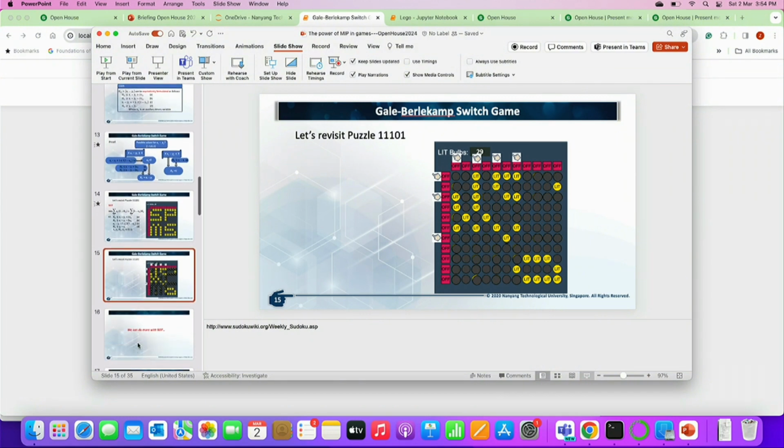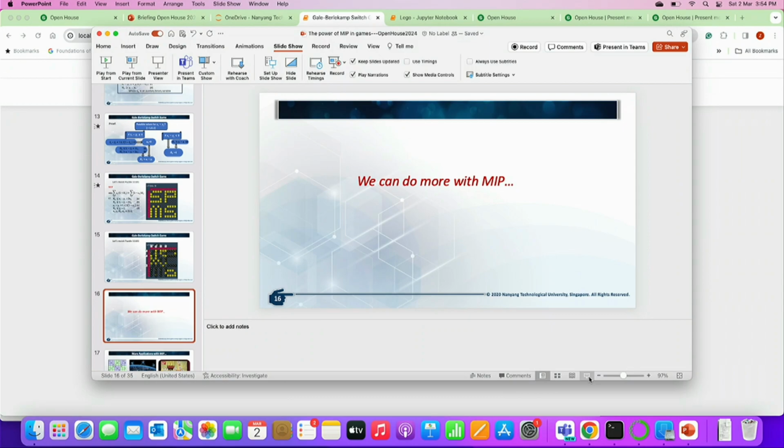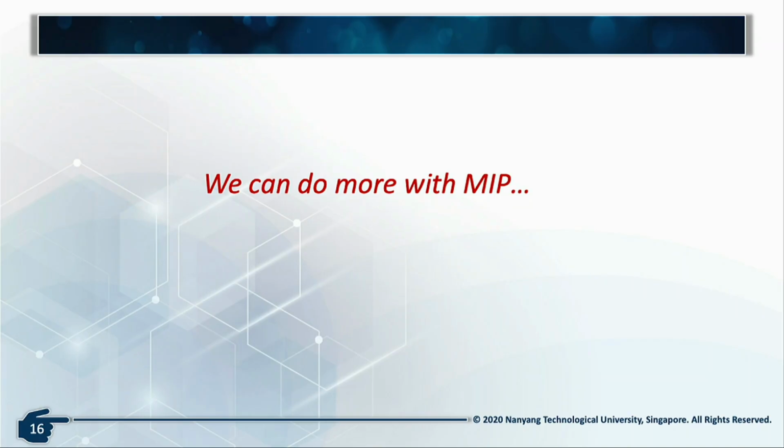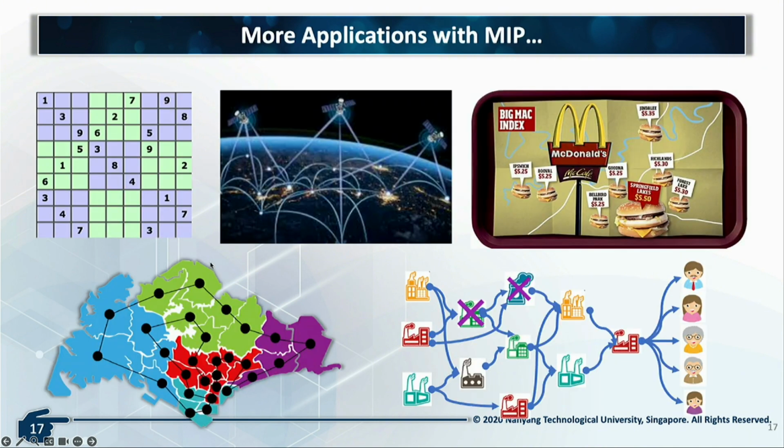So before ending this lecture, I want to basically convince you that we can do a lot of applications with this mixed integer linear program. These slides showcase some of the projects I have done. The first one is you can definitely build this mixed integer linear program to solve various games, including the Sudoku game.